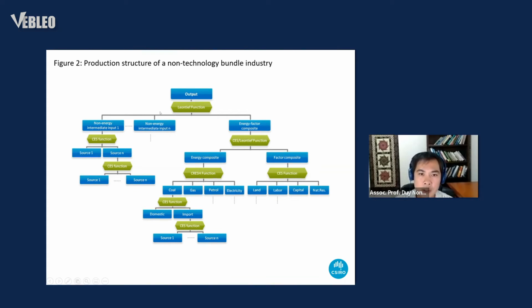Here in this figure we can see the output on the top, and the industry can demand many different inputs in their production processes. In this layer you can see that they have coal, gas, petroleum, and electricity.